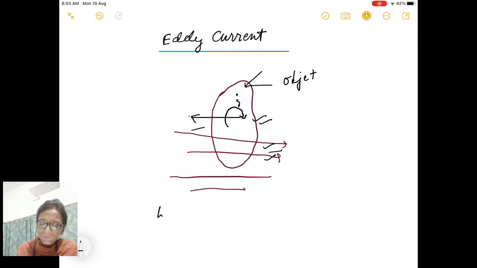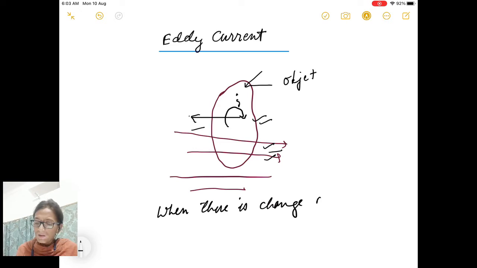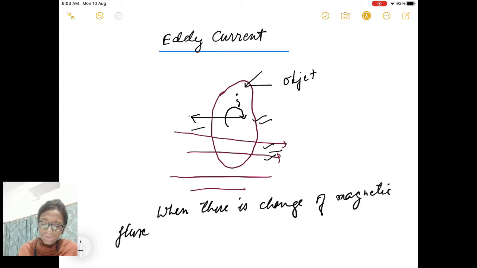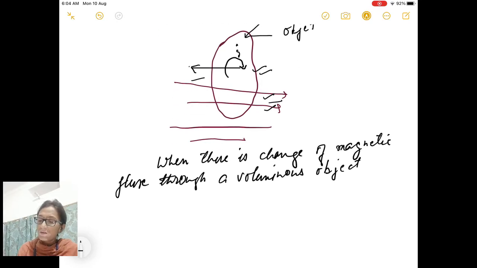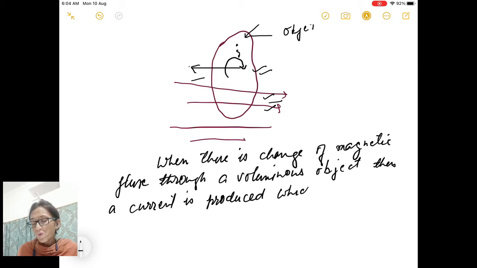So what is eddy current? When there is a change of magnetic flux through a voluminous object, then a current is produced which has no defined direction.